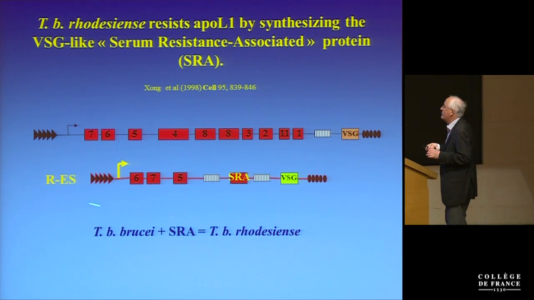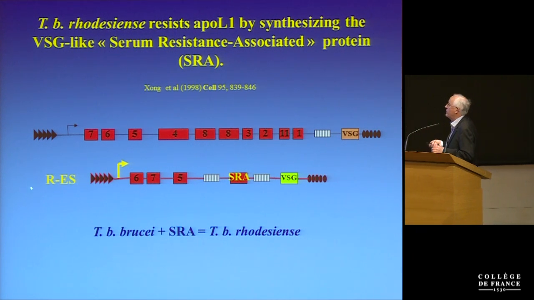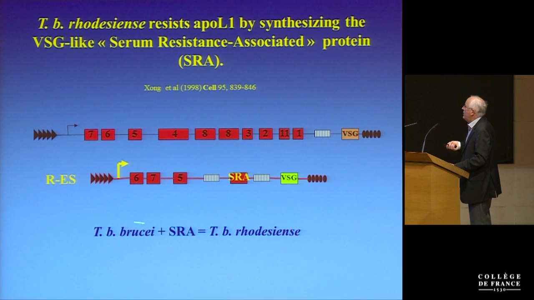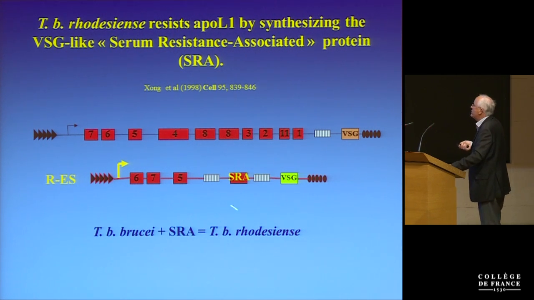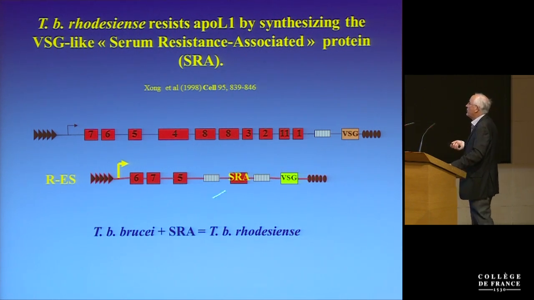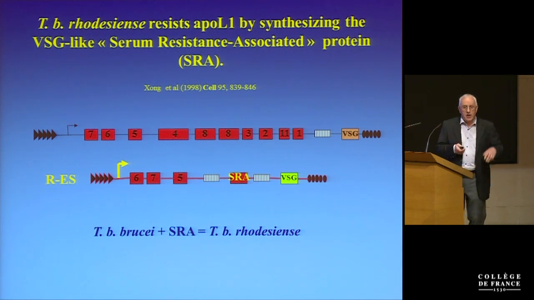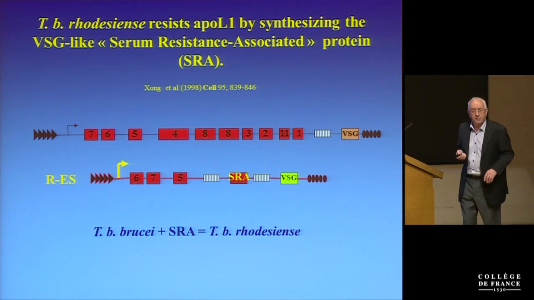We called it the resistance expression site, for resistance to human blood or to TLF. And we immediately understood why. This particular expression site contains a gene called serum resistance associated gene, SRA, the transcription of which is absolutely required to resist TLF.